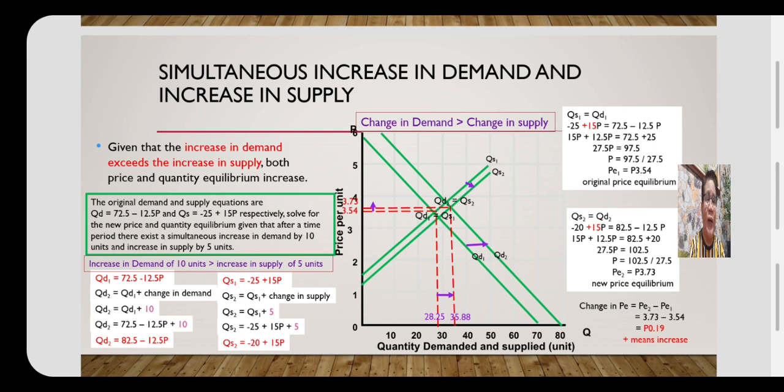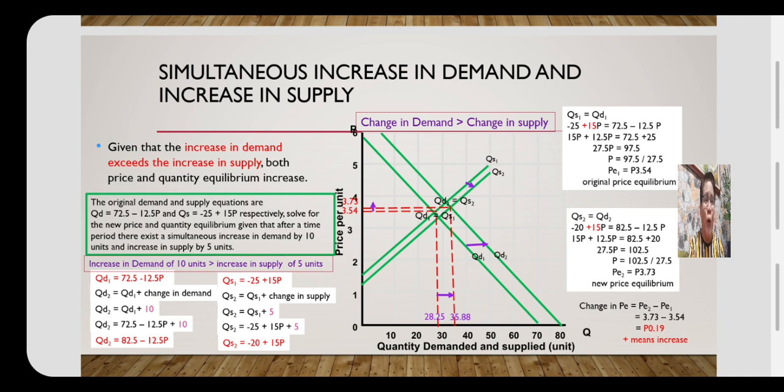And they are directly related. Price equilibrium increased, and there is also an increase in supply, but it is not the increase in supply that caused the increase in price equilibrium, but it was actually the increase in demand, since the change in demand exceeds the change in supply.